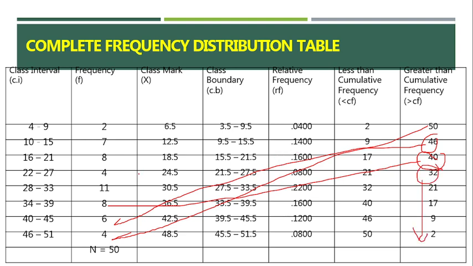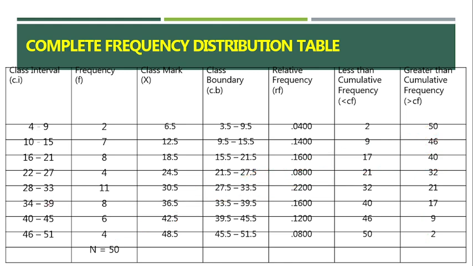Okay? So that is how we make the complete frequency distribution table. Are we clear? Clear po? Alright, so there are some slides that I will be showing you still, no? But that will not be covering the frequency distribution table. Though we also have the next type of presentation of data, and that is graphical. So I will just summarize it.